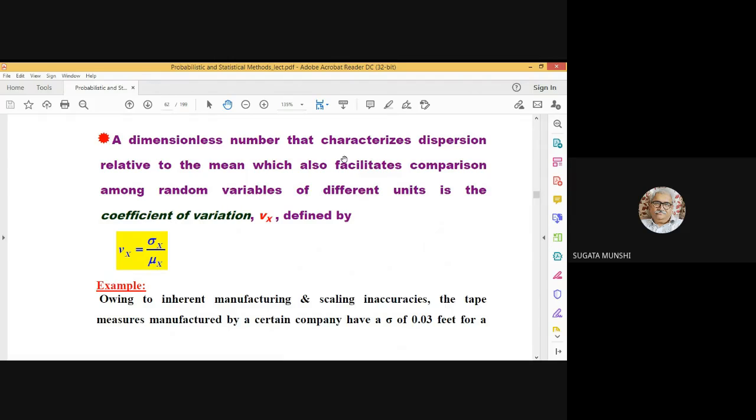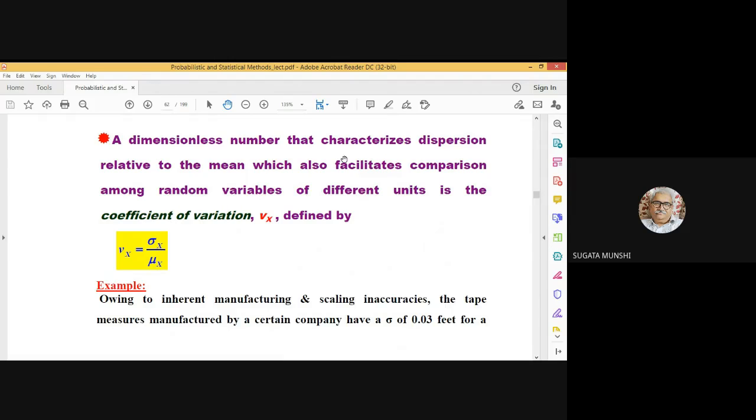So simply sigma x often doesn't give you the proper idea of the spread. So if you just normalize it with respect to the expectation, then that will be, say if you have a voltage, all right.